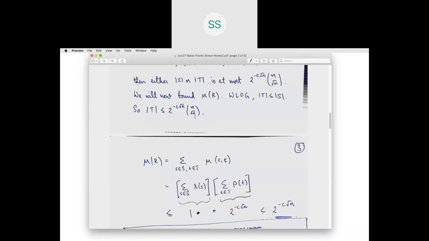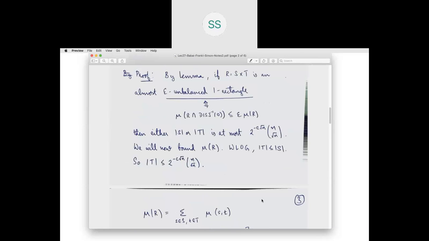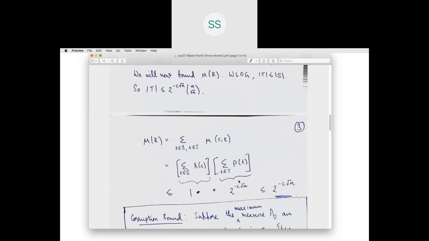So this corresponds to a measure of 2 power minus c square root n, because that is the fraction of the columns present in T. Hence, the measure of R is upper bounded by 1 times 2 power minus c square root n, which is 2 power minus c square root n. So if R is an almost epsilon unbalanced one rectangle, then the measure of R is at most 2 power minus c square root n. This follows from the lemma that we saw yesterday.